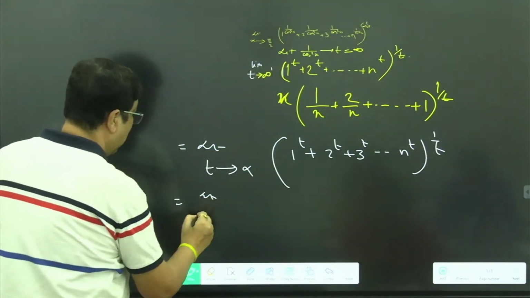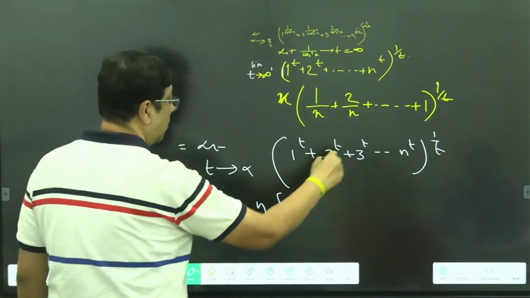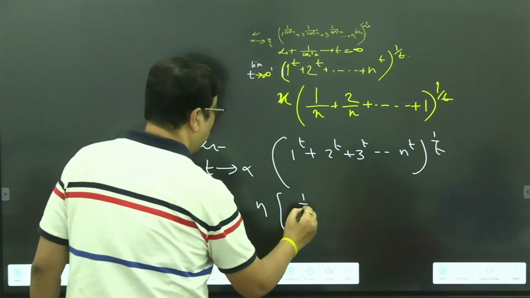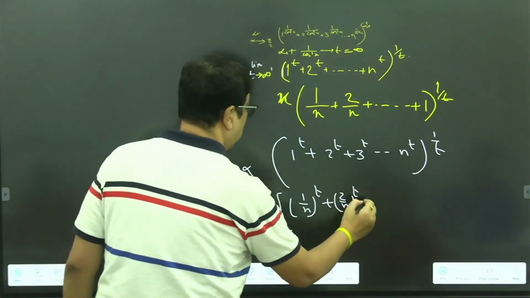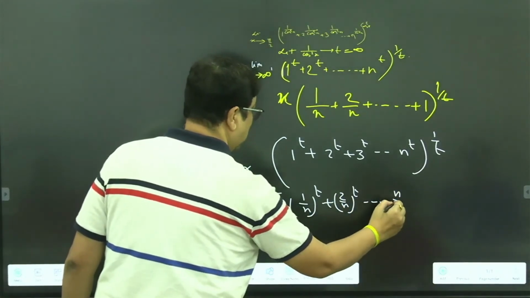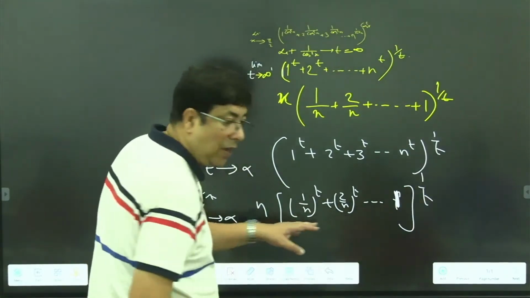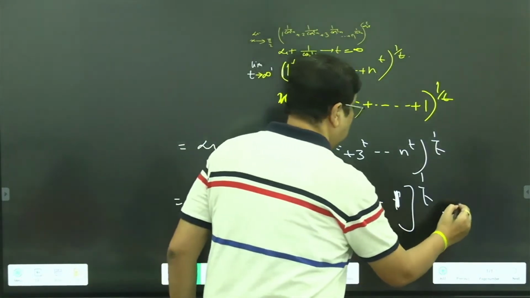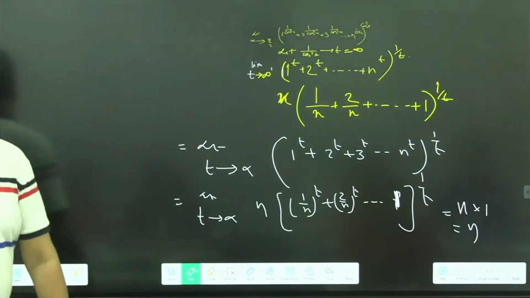If I take n outside, obviously n is the biggest number out of these. So taking n outside, we get (1 by n) whole to the power t plus (2 by n) whole to the power t and so on, times n by n, which means 1, this is 1 to the power t. So all the fractions go to 0, and 1 to the power anything is 1. So it is n into 1, that is the answer. Sum is over.